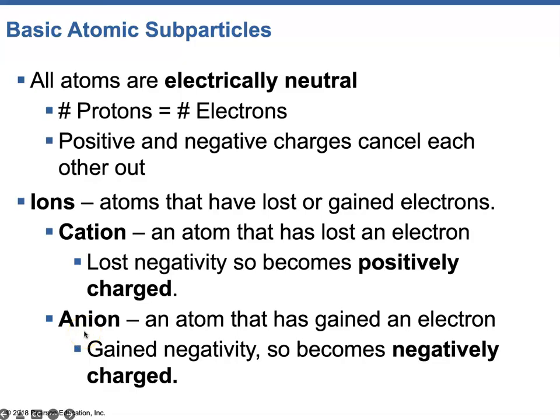An anion is an atom that gains an electron, so it gains negativity. Now it has an additional negative electron on it, so it becomes negatively charged. So what I want you to remember is that a cation is a positively charged ion because it gave up an electron, and an anion is a negatively charged ion because it gained an electron.